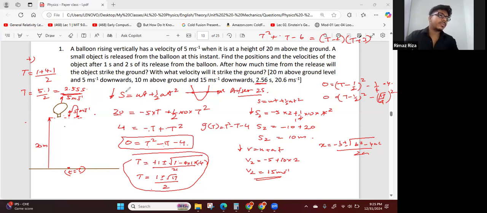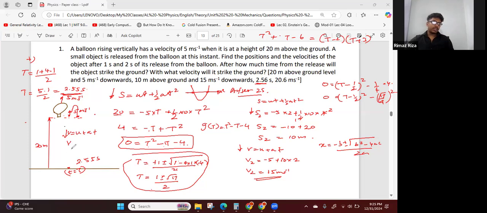And also we want to find the velocity with which it will strike the ground. But now I know the time. The time is 2.55 seconds. Okay. So then we can use, vertically downward, v equals u plus at.